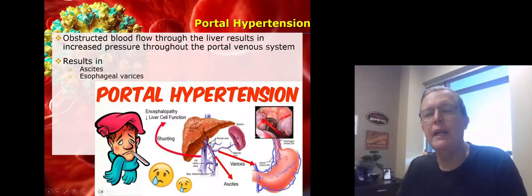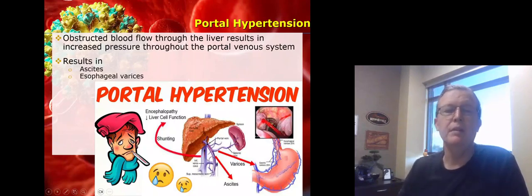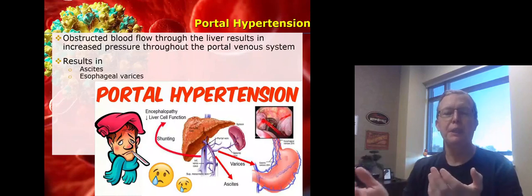But you can see anatomically where that blood's going to back up into that portal vein. It's supposed to go in the direction of this arrow here, backs up in the portal vein, which then is going to put pressure on that vein and subsequently on these smaller vessels around the esophagus. Now, the other thing that's going to happen is a big portion of blood is plasma.